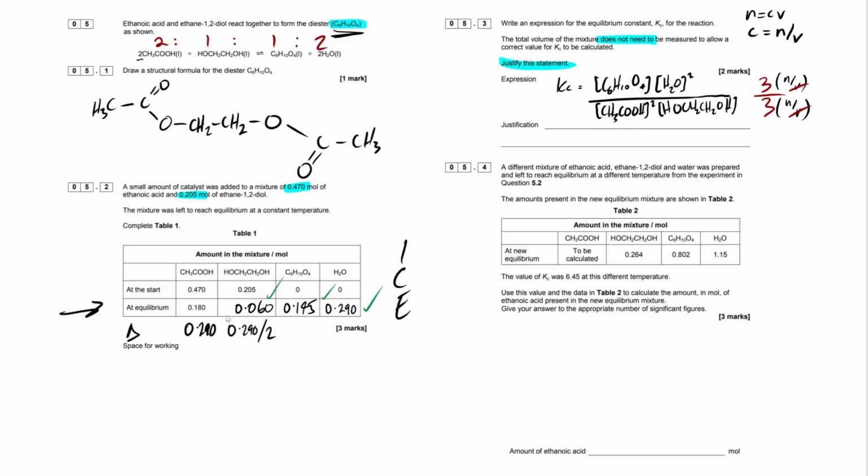We can just use our mole values and plug them straight into the expression. So that's what I would say here: when the number of moles is equal on both sides, you've got 3 moles total on the reactants and 3 moles total on the products. When they're exactly the same, you can cancel it out. So that would be my justification right here: the number of moles on each side of the reaction is equal. Easy as that.